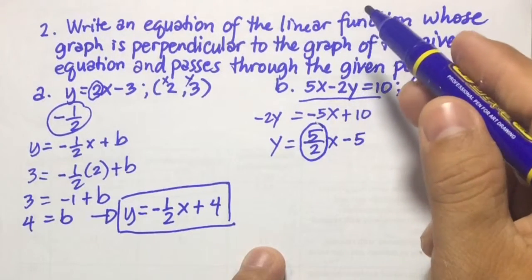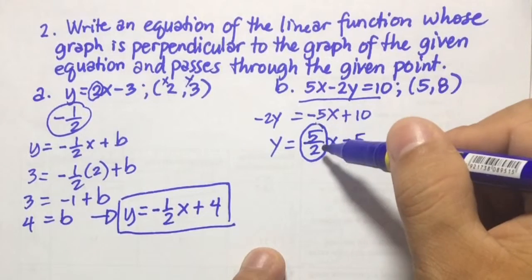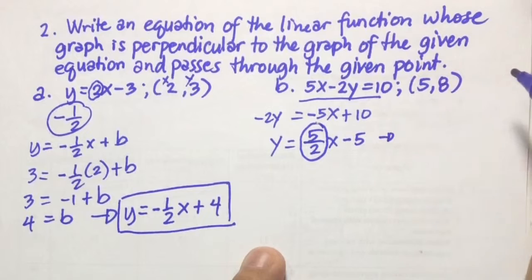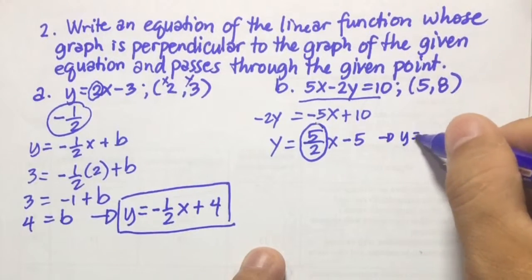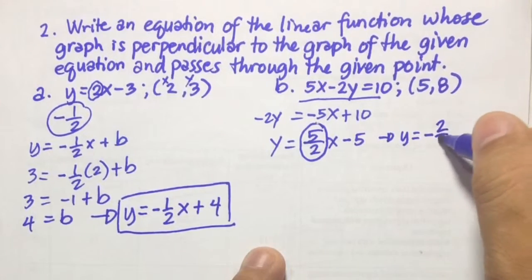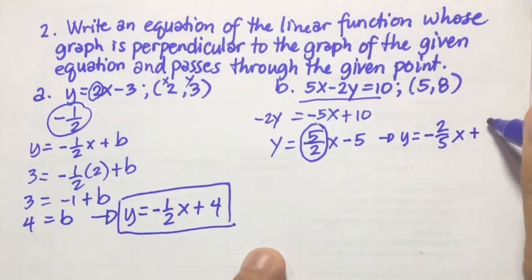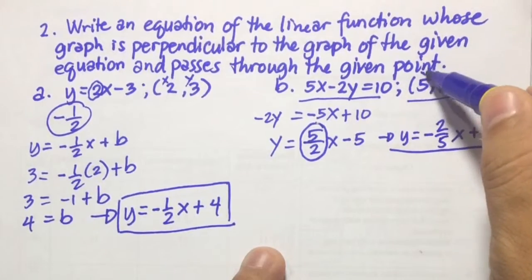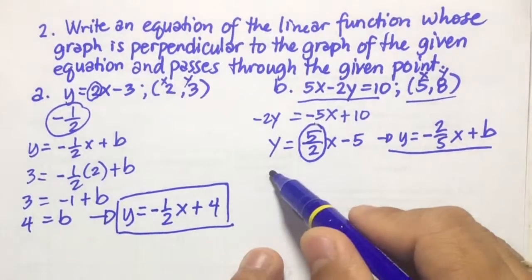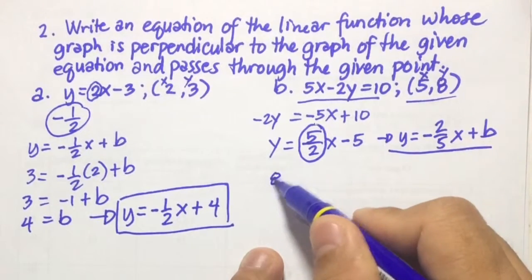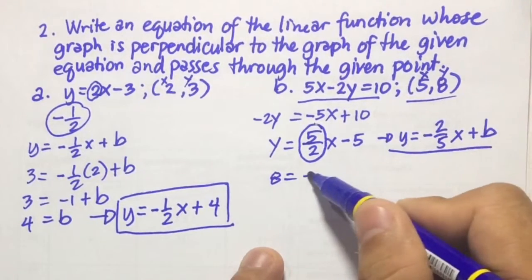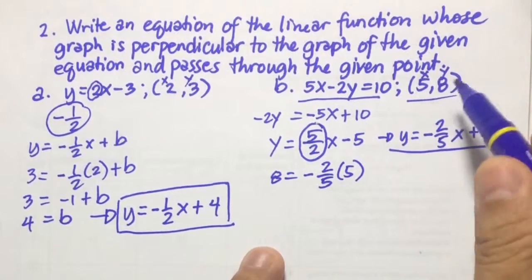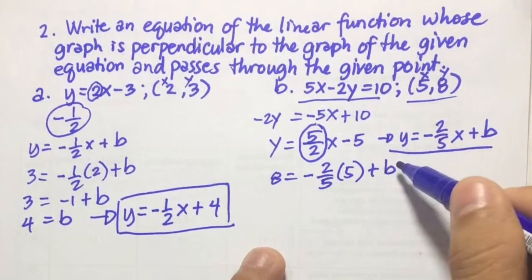Since we're going to have the perpendicular line, we're going to have the negative reciprocal of 5 over 2, and our required equation will be y equals negative 2 over 5 x plus b. And using the point (5, 8) for x and y, we're going to have y equals 8, equal to negative 2 over 5 times x, which is 5, plus b.